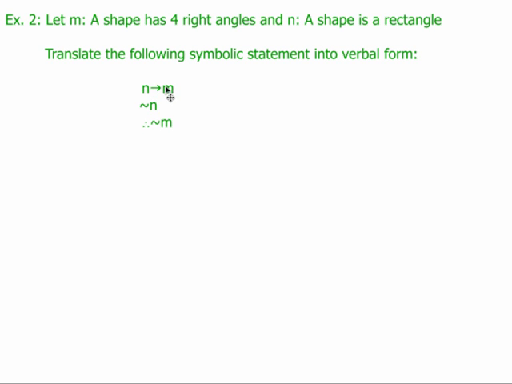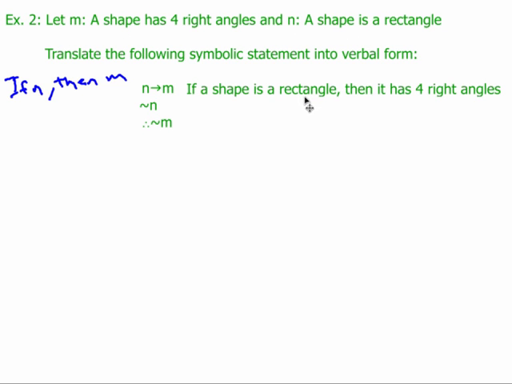We've got N arrow M. So this is saying if N, then M. Well, we know N is a shape is a rectangle, and M is the shape has 4 right angles. So this statement here, N arrow M, is if a shape is a rectangle, then it has 4 right angles. That's the symbolic representation of this sentence.